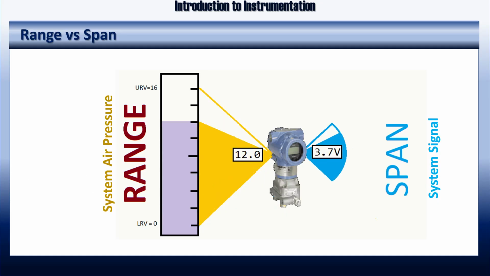Also recall that we discussed range, how it was associated with the process variable, and span was associated with our signal, and that in a perfectly designed system that's all calibrated and working, the change in our process variable should be mirrored in the change in our span, or our signal out, so that they're in sync.